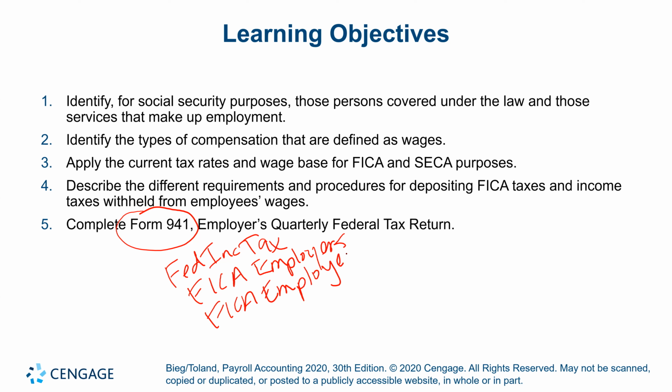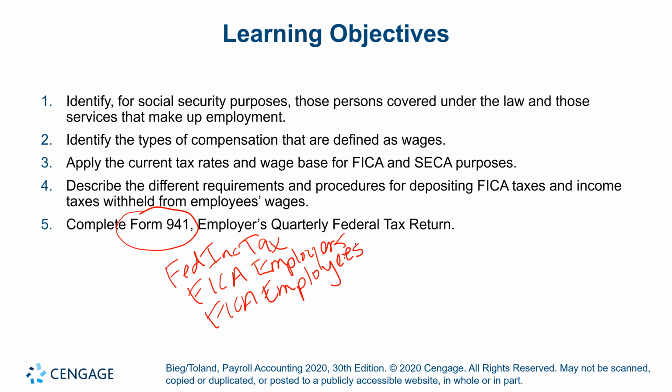Because if we remember correctly, and I know we mentioned this in class, if we think about the FICA Social Security and FICA Medicare that come out of the employee's paycheck, the employee pays 6.2% FICA Social Security and then 1.45% FICA Medicare, but then the employer also matches that, right?